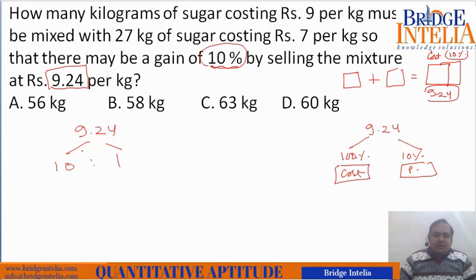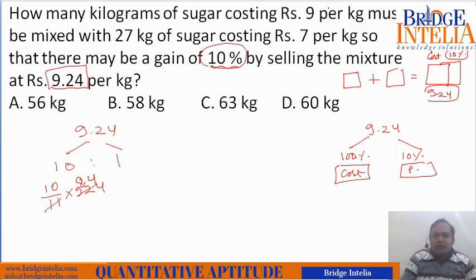This comes out to be 10 by 11 into this much, so this is 8.4. So it means the cost price, the average cost, should be equal to 8.4.